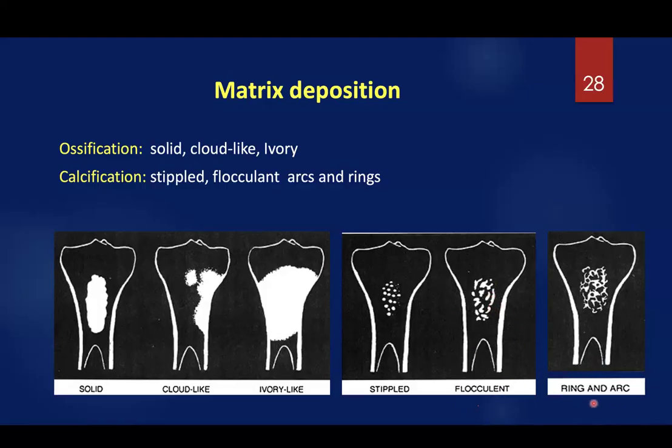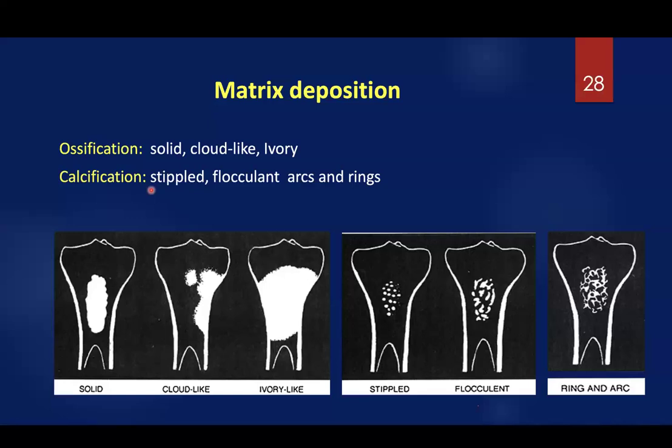While arcs and rings, which is the letter O and letter C, are typical of cartilage calcification, where the calcification occurs around the whole periphery of the lobule. Whether it's complete, which will give you a ring, or incomplete, which will give you an arc. So remember all these three: stippled, flocculent, and arcs and rings. This is a description of calcification.